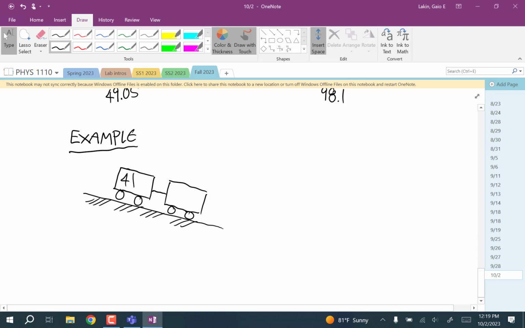Let's say this one is 4 kilograms and this one is 3 kilograms. And there's a force applied to this one pulling it up the ramp. Let's say this is 30 newtons. Draw a free body diagram for each body.